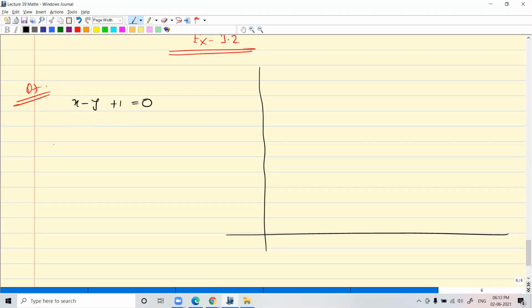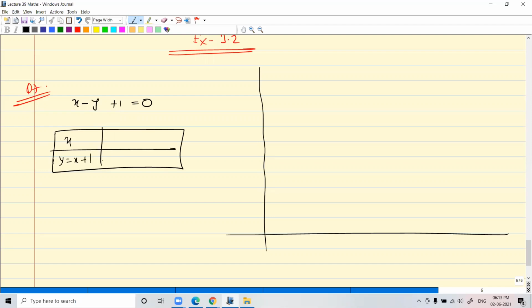So you would have drawn a table for this one. So what are the values there? If you put x equal to 0, you will get y is equal to 1. And if you put x equal to minus 1, you will get y is equal to 0.